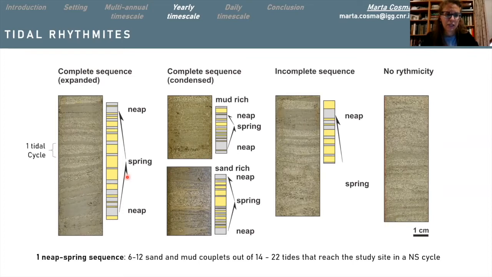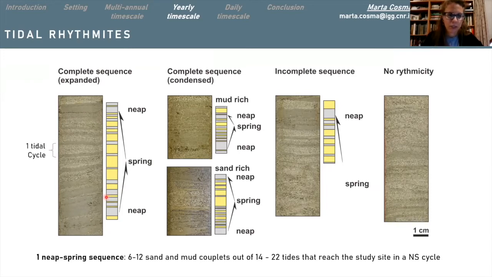And these numbers are quite common in the upper intertidal zone, and there is quite a lot of work by Tessier in Mont-Saint-Michel, which actually agrees with what we found in this area.